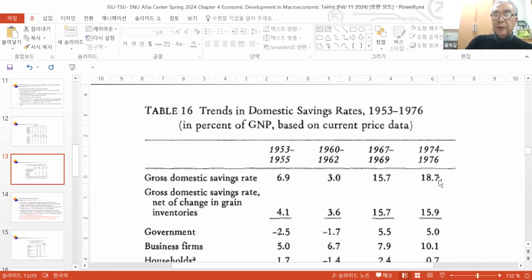So with this savings rate, if the investment rate is 10% or 15%, it is ultimately fully financed by domestic savings. Okay. Particularly, business firms' savings rate is remarkable, very high compared to households.